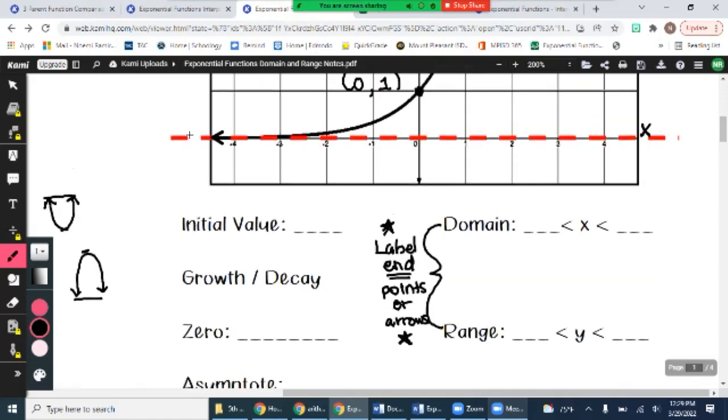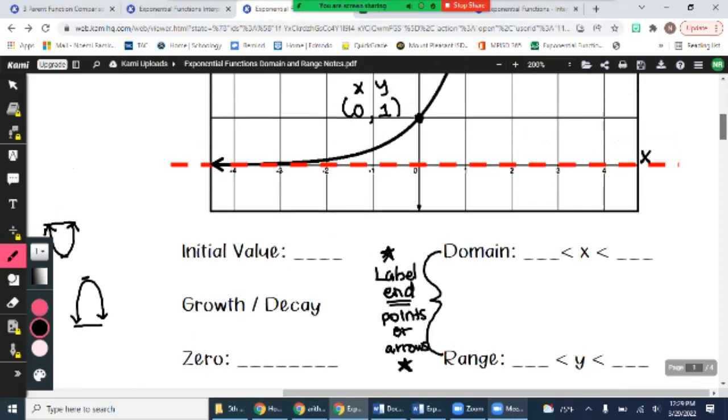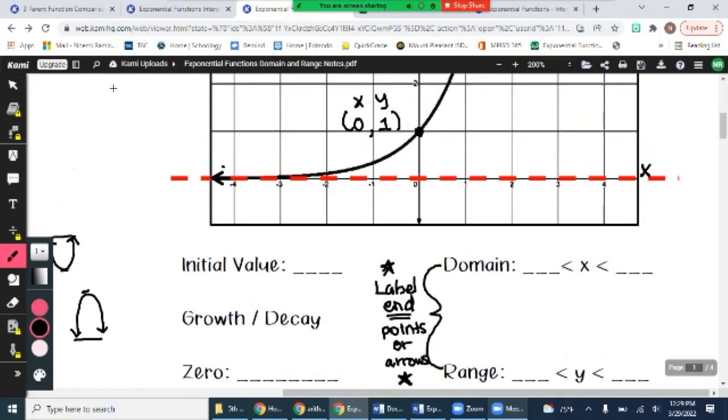I'm going to start right here because I think some people are still copying this part down. So if I go to this endpoint on the left, I see an arrow. I'm going to actually draw an arrow coming down to it, because I'm going to write something else right here, so I don't want it to interfere.